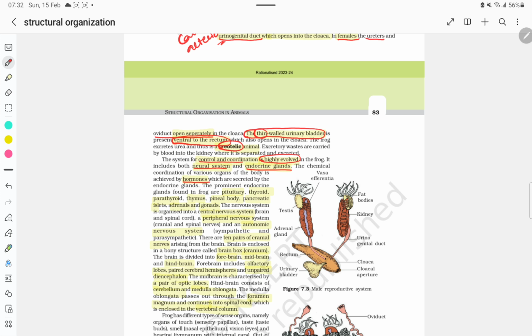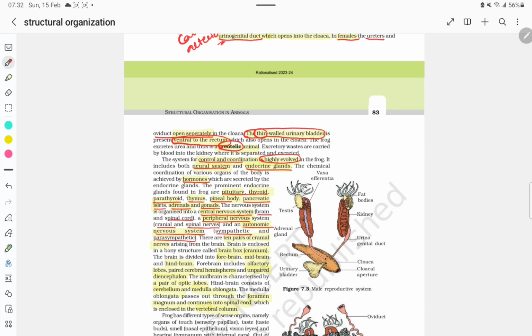The prominent endocrine glands are pituitary, parathyroid, thymus, pineal, pancreatic islets, adrenals and gonads. The nervous system is divided into three parts: central nervous system, peripheral nervous system and autonomic nervous system. The central nervous system includes brain and spinal cord, the peripheral nervous system includes cranial and spinal nerves, and the autonomic nervous system includes sympathetic and parasympathetic.